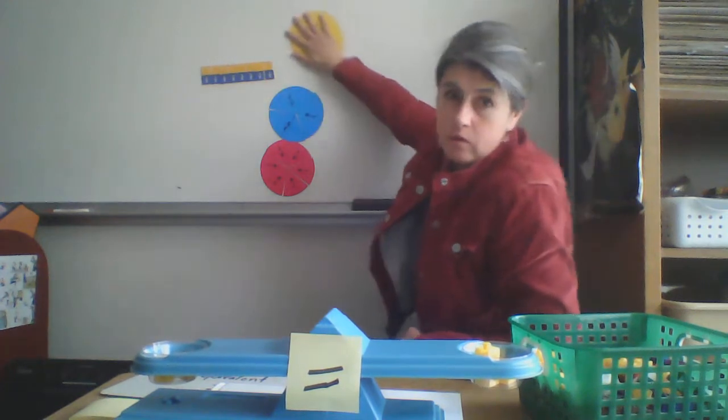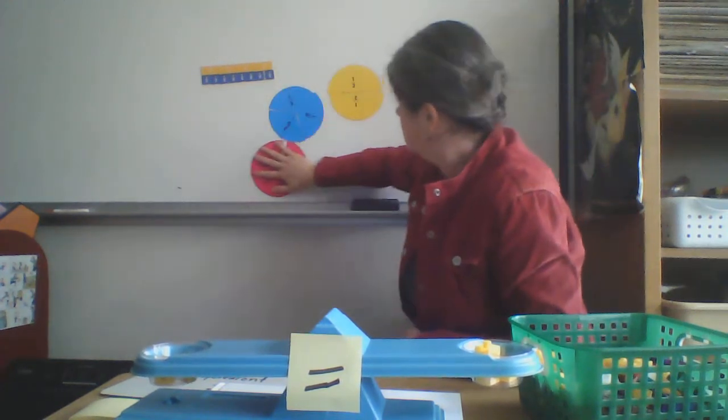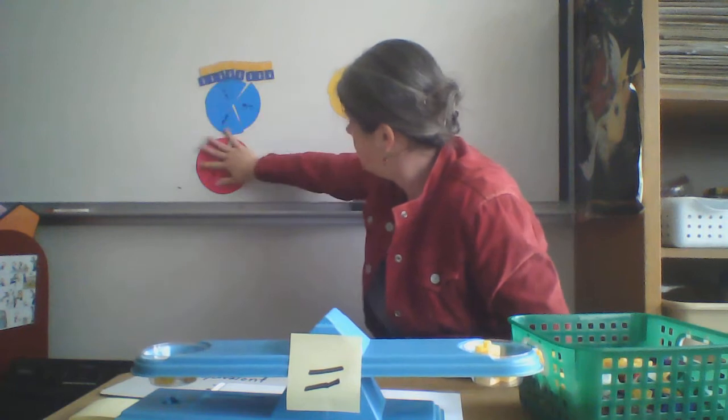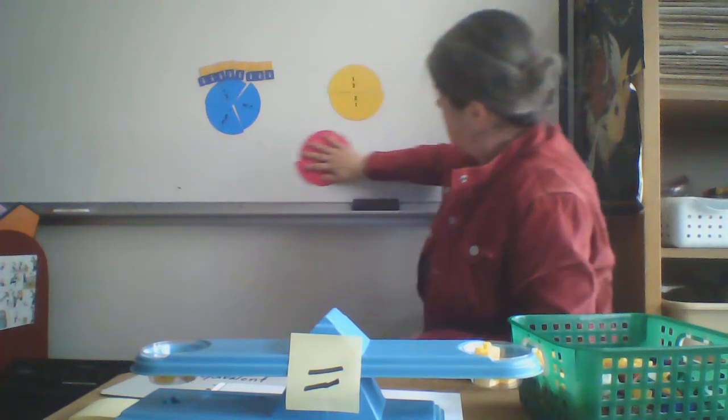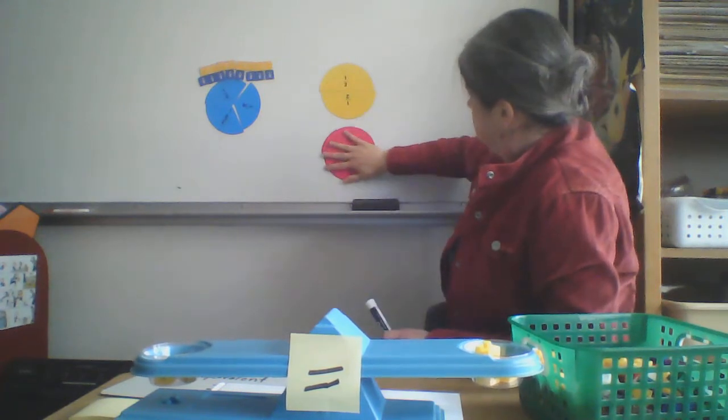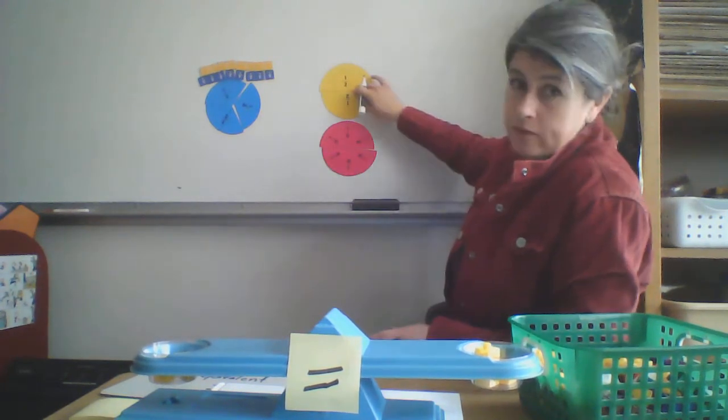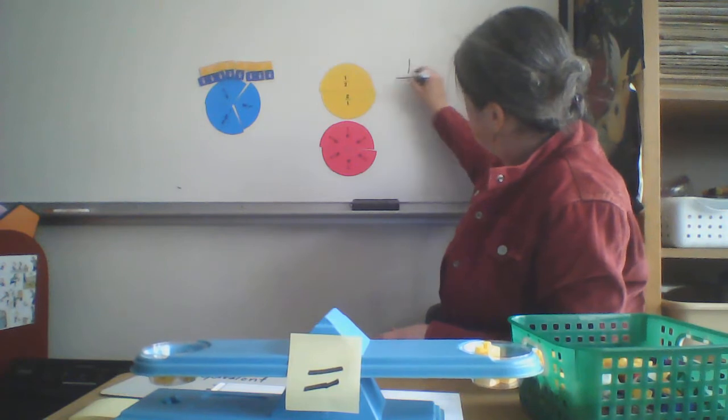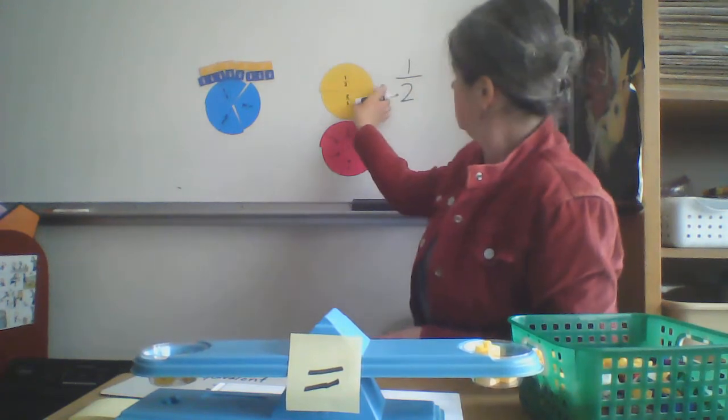I have 1/2 right here. And I'm going to talk about 1/2 in terms of this. Well, right now I have 1 whole, but I'm going to make this 1/2. This is 1/2.